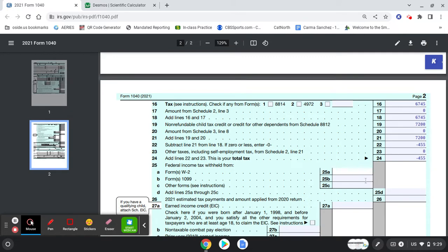All right, now how much federal income tax withheld?